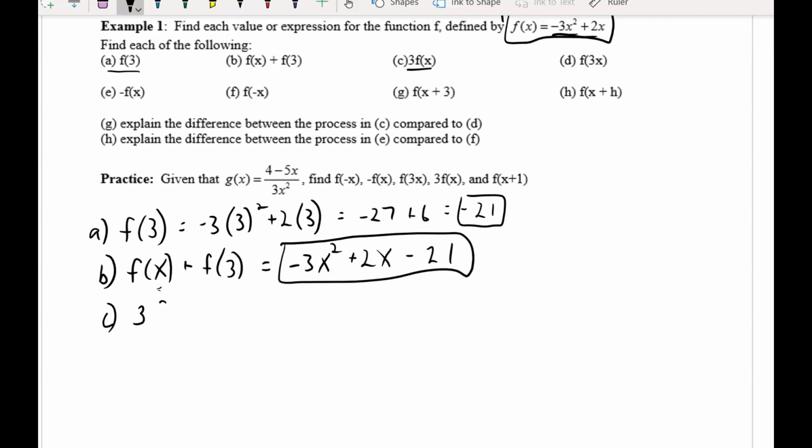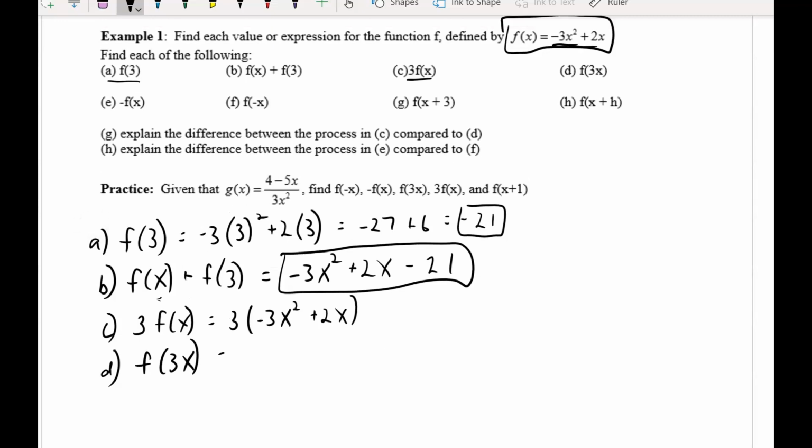So 3 times f of x means 3 times the entire function, which is negative 3x squared plus 2x. Again, I'm going to do these side by side. So f of 3x now means to replace every x with 3x.